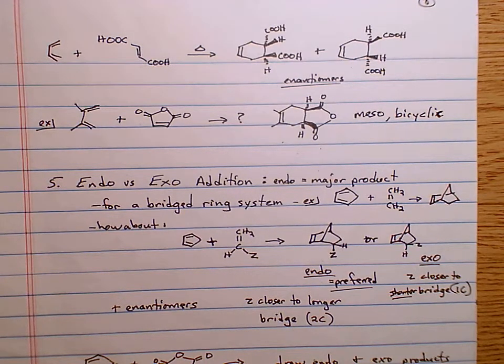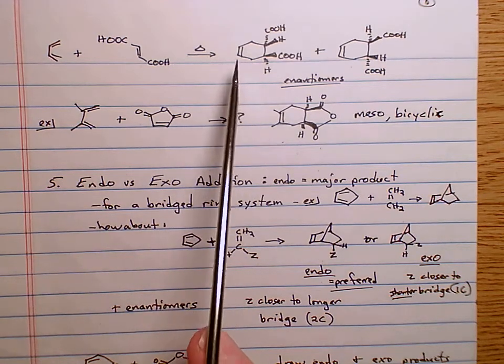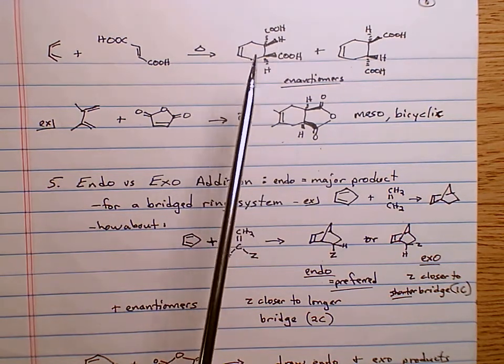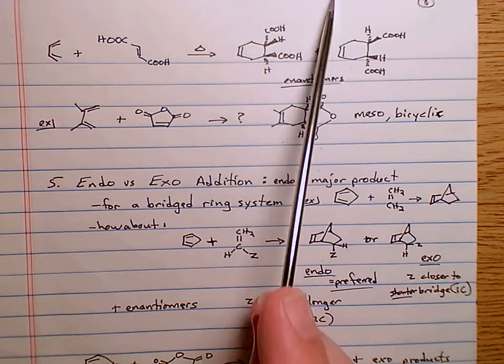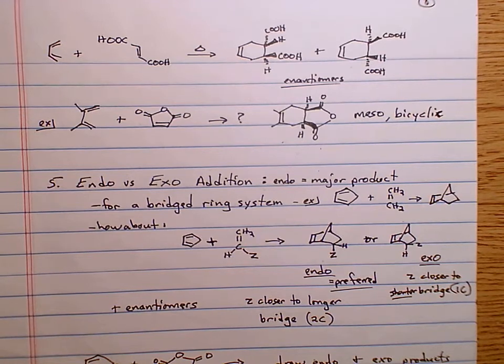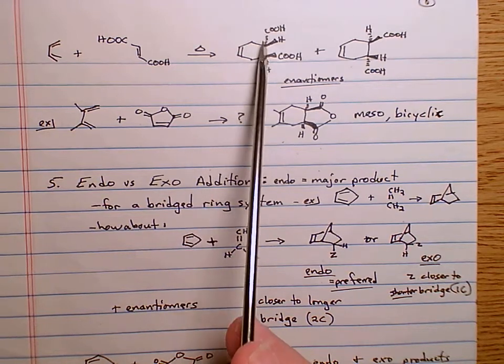Recall from Organic 1, there are 2 ways to draw the enantiomer, 2 ways to draw the mirror image of a molecule. One way is to actually just draw the mirror image, pretend there's a mirror here and draw the mirror image. The other way is to switch 2 groups on all of the chiral carbons. Here we have 2 chiral carbons.